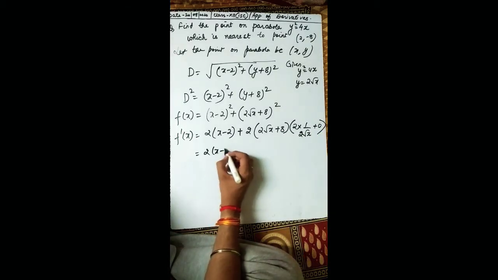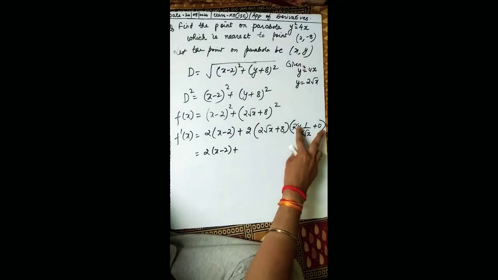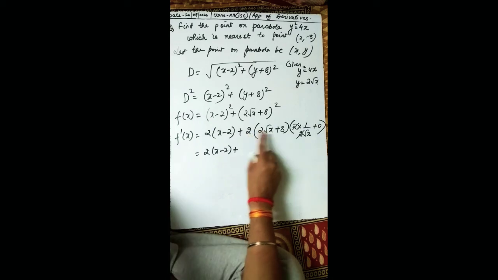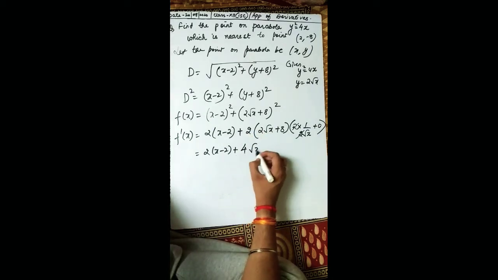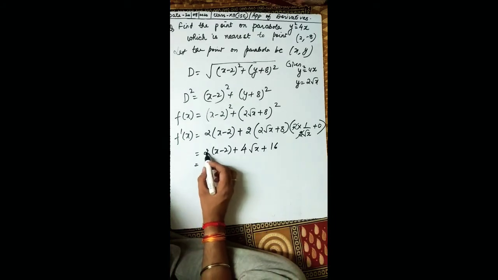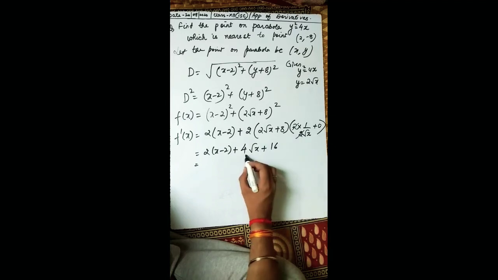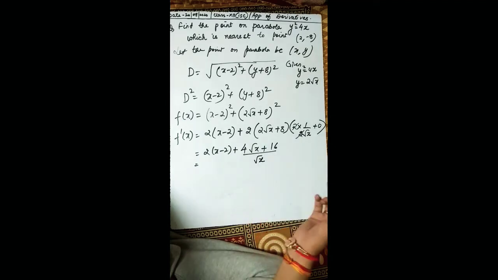So 2(x minus 2) plus, you can cancel this 2 with this 2 and you are left with 1 here. Multiply 2 inside, so 4 root x plus 16, the whole upon root x.